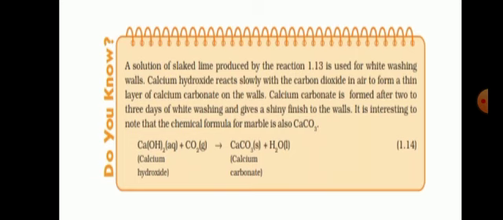This calcium hydroxide reacts slowly with the carbon dioxide in the air to form a thin layer of calcium carbonate on the walls. Calcium carbonate is formed after 2 to 3 days of whitewashing and gives a shiny finish to the walls.